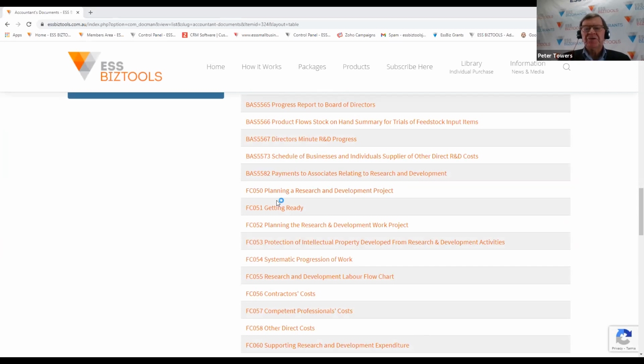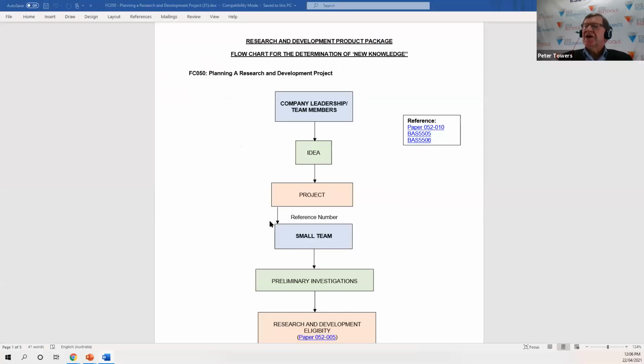This is very important because everything starts with the plan. This flow chart is looking at all aspects of the material. So I'm just going to make sure that's shared with you.